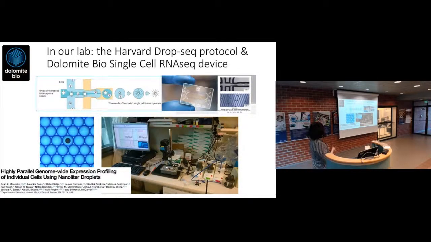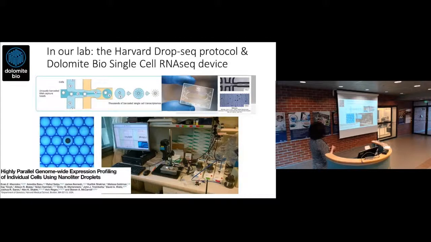But then 2 years ago there was a paper in Cell, or actually 2 of them, making nanoliter droplets and droplet-based capture of the single cell, which is really high throughput and less expensive as well.